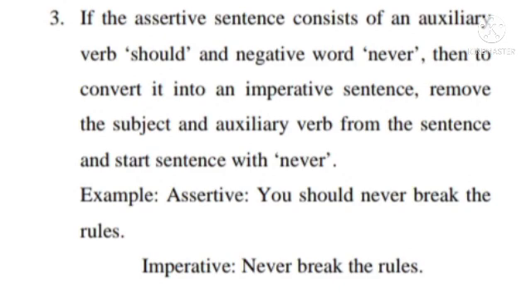So we avoid the subject and auxiliary verb, you should, and we get the imperative: never break the rules. So in an assertive sentence with should and never, to get an imperative we have to avoid both words, you and should, and write like this: never break the rules.